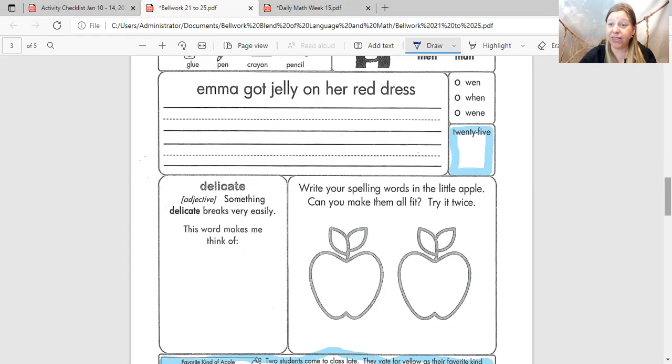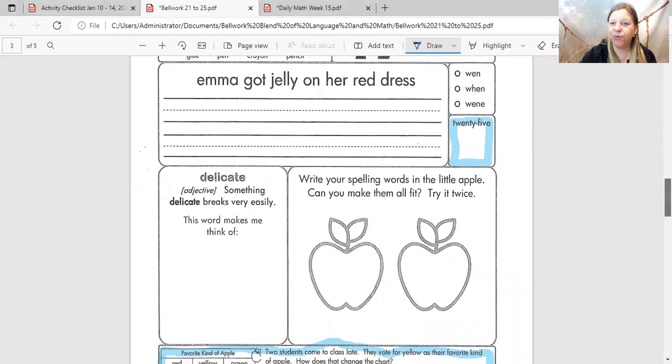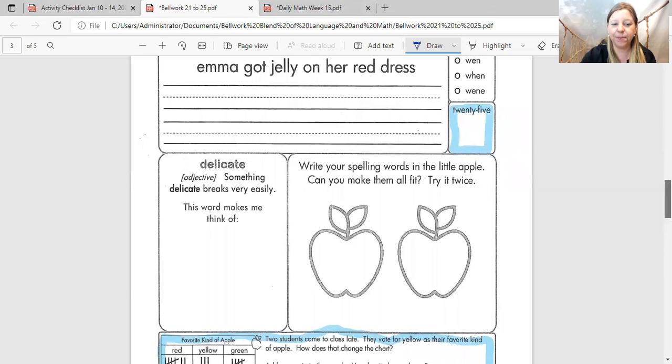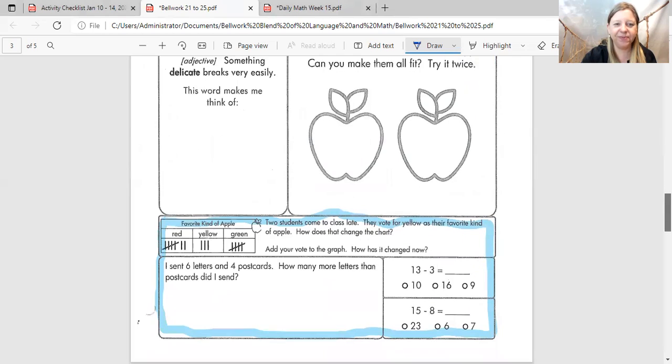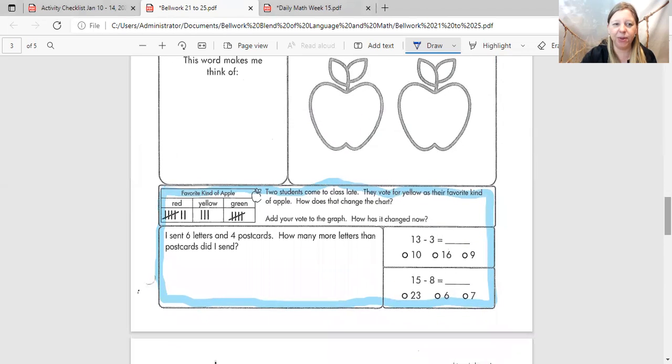Or maybe you want to use sticks and dots, sticks for tens and dots for the ones, to model the number that is there. Then we're going to scoot down to the bottom of the page and you'll see a tally chart with the title Favorite Kind of Apple. These are the results of a survey.